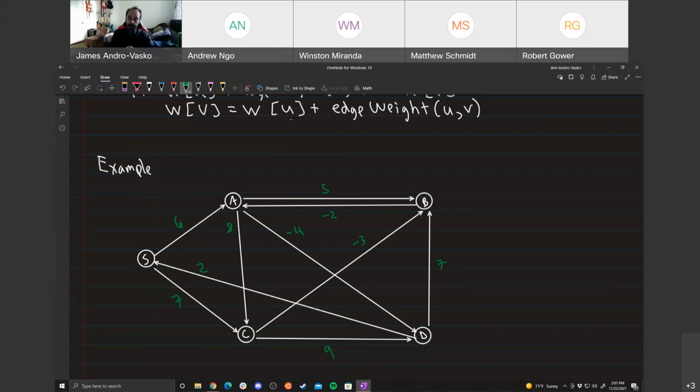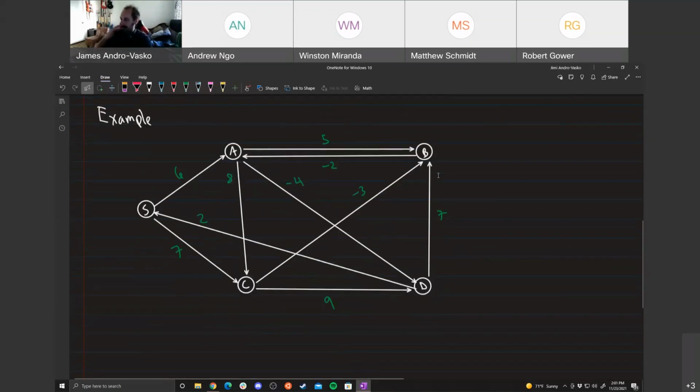So we have some negative edges, but it's okay. That's not going to cause any problems at all. And I'm going to actually label these. I'm going to write out the order in which I'm going to process these edges. There's no real order we have to use. I'm going to go ahead and just say for now, here's the order we're going to pick.